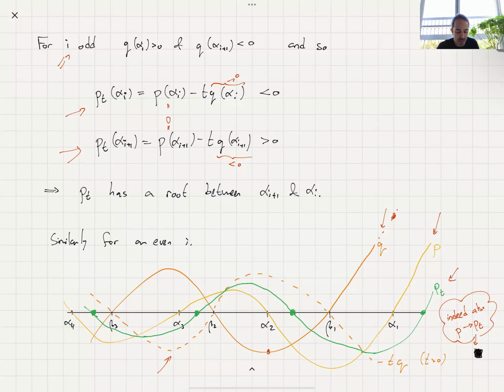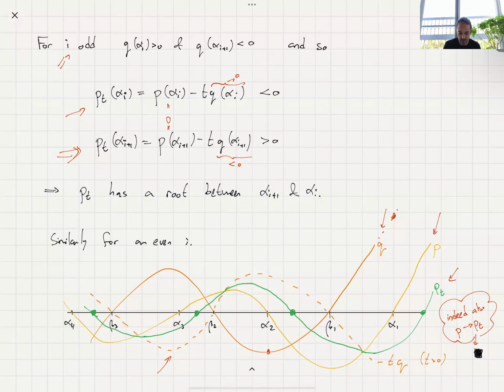Because PT of alpha I is P of alpha I, which is 0, minus T times Q of alpha I, but T is positive and Q of alpha I is positive because I is odd. And so that gives you a negative. And the same here, so PT of alpha I plus 1 is positive. You can see it in the picture here.